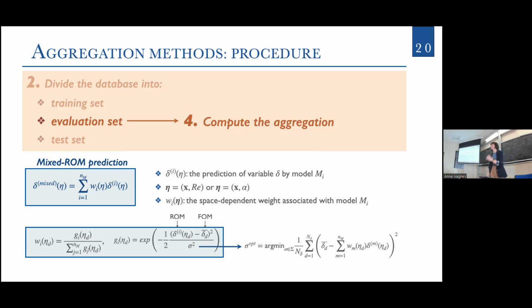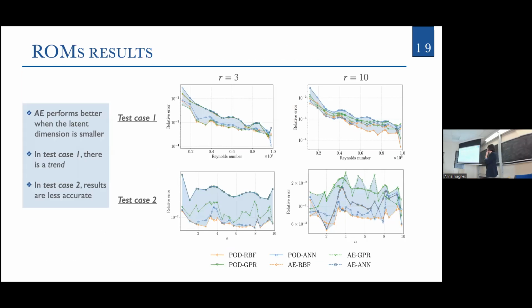A curiosity: at some point you showed that the error was decreasing with increasing Reynolds number. Do you have some comment on that? Because from my experience it's the opposite. The easy answer is because it's relative. Have you tried the absolute one? Here you're computing the error with respect to the velocity, and the velocity is higher.